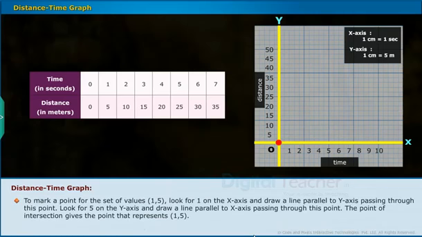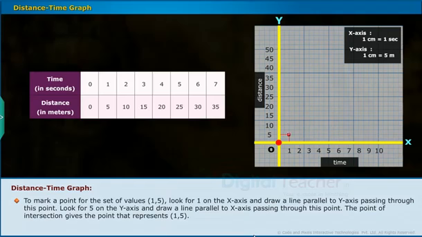To mark a point for the set of values 1, 5, look for 1 on the x-axis and draw a line parallel to the y-axis passing through this point. Look for 5 on the y-axis and draw a line parallel to the x-axis passing through this point.